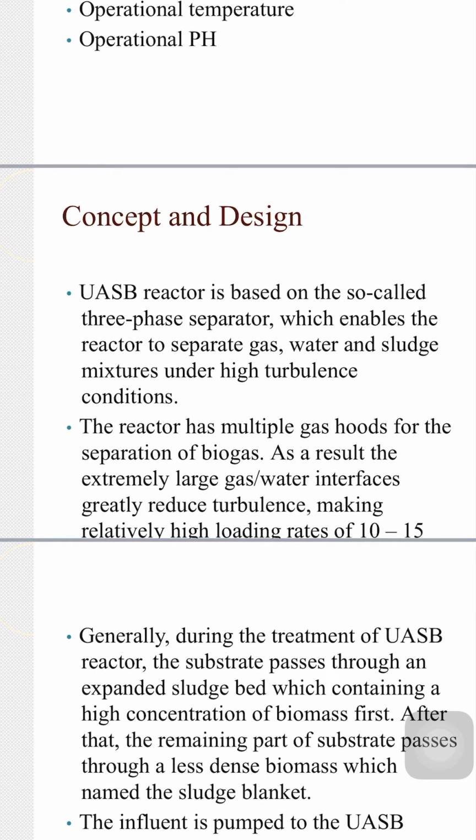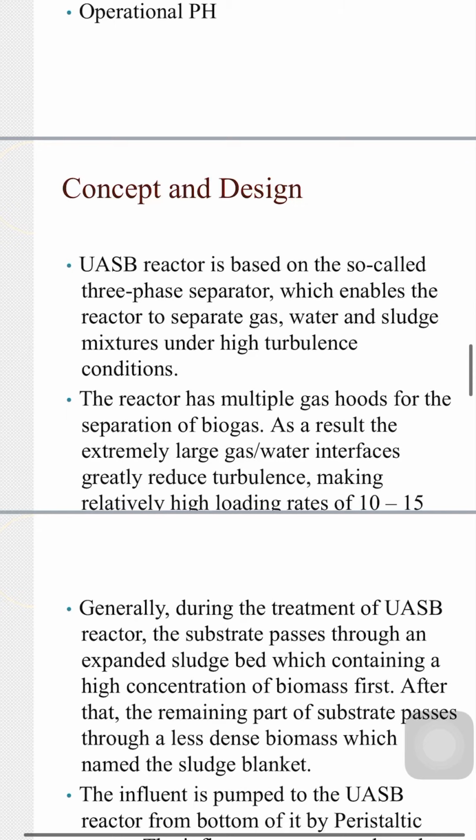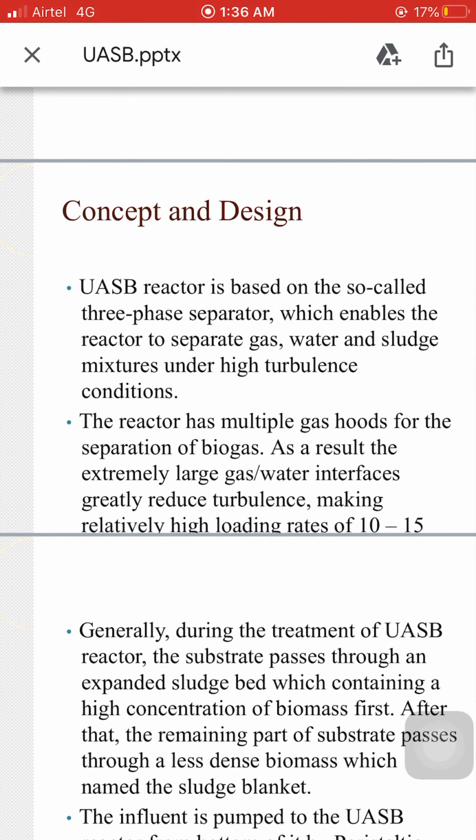The reactor has multiple gas holders for the separation of biogas. In the above figure, I have shown the separate holders for the collection of biogas.